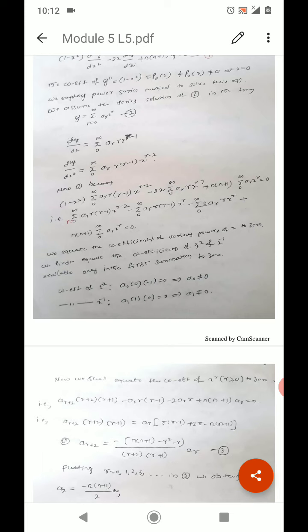So that is summation ar r(r minus 1) x power r minus 2, minus summation ar r(r minus 1) x power r, minus 2 ar r x power r, plus n(n plus 1) summation ar x power r, which is equal to 0.